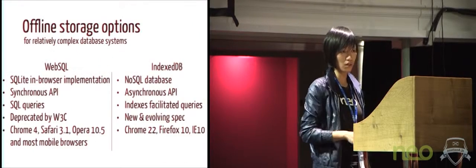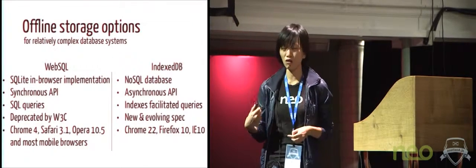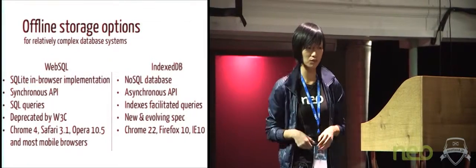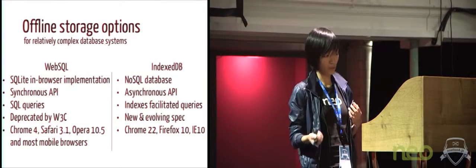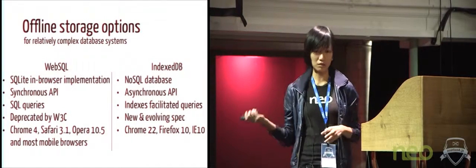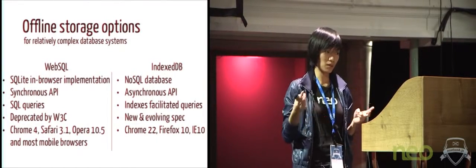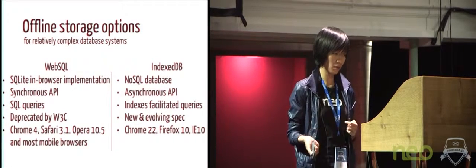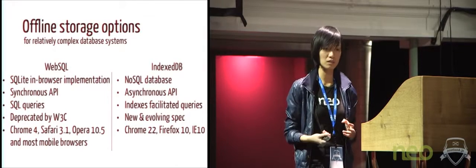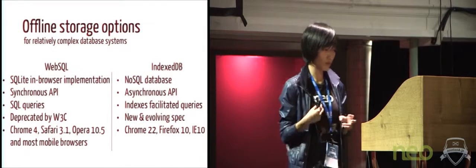At that time, we didn't have a lot of experience with offline storage, and we did a little bit of research to see our options. Right now, you can either use WebSQL or IndexedDB. WebSQL is an SQLite in-browser implementation. It comes with a synchronous API, and you can use SQL queries to query your data.